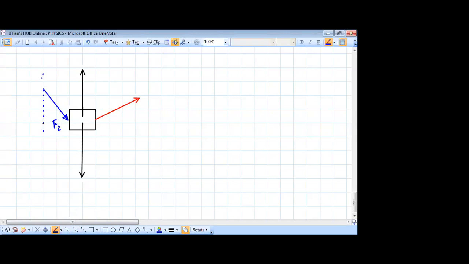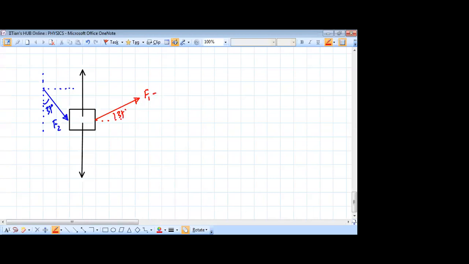F2 is acting such that this angle is 37. So therefore this angle will be 53, with the x-axis. And F1 says that this angle is 37.